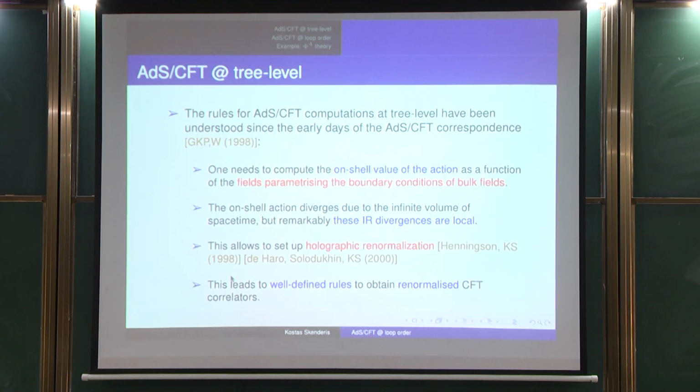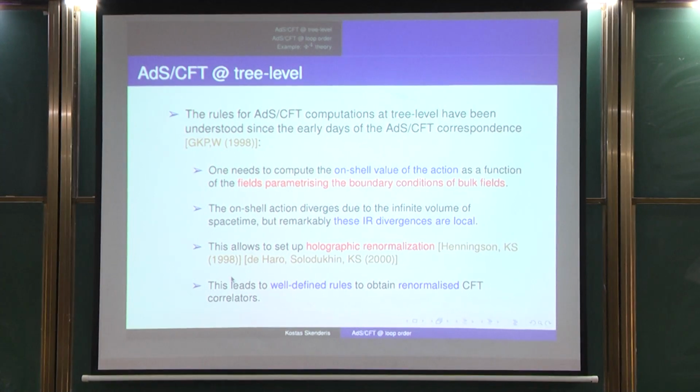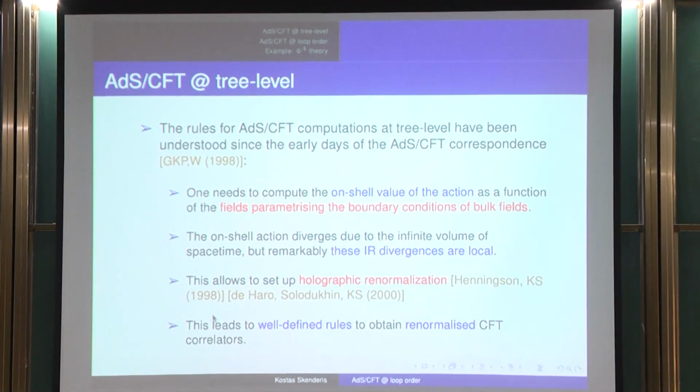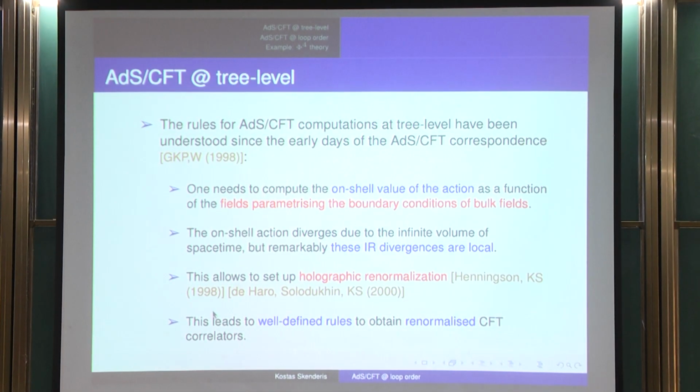Okay, so let's start from the beginning. So AdS/CFT. The first few slides are going to be an introduction, then we're going to go through these topics, which I'm going to introduce in a little bit more depth in later sections. The rules of AdS/CFT computations at tree level have been understood since the very early days of AdS/CFT.